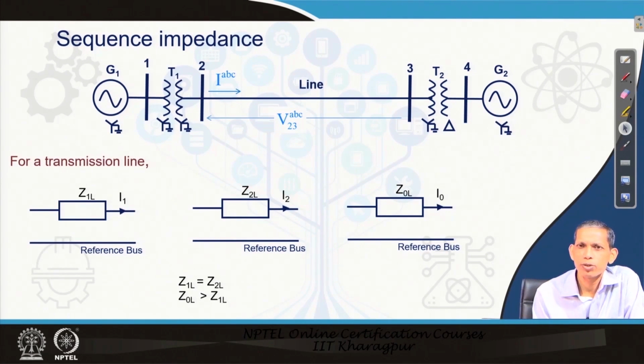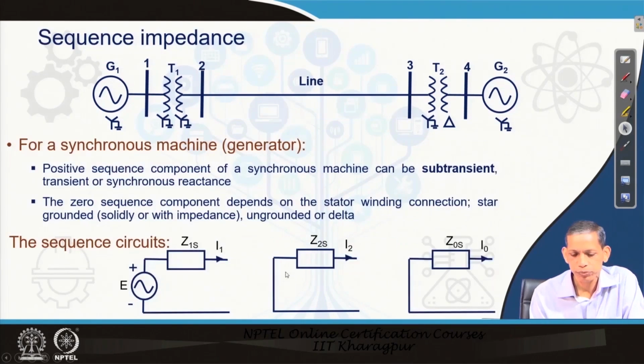But in the case of the 0 sequence component the current is no more 0 and the associated flux becomes additive. Therefore, the 0 sequence impedance is higher than Z1L or Z2L, and typically, depending upon the configuration, including double circuit lines, it varies from 2 to 6 times the positive sequence component.